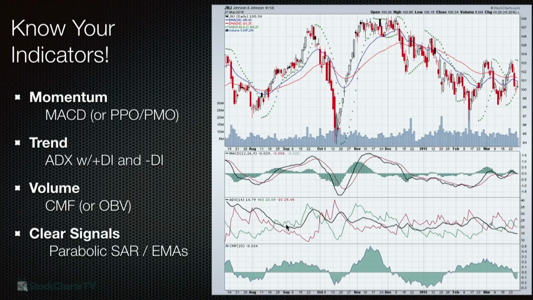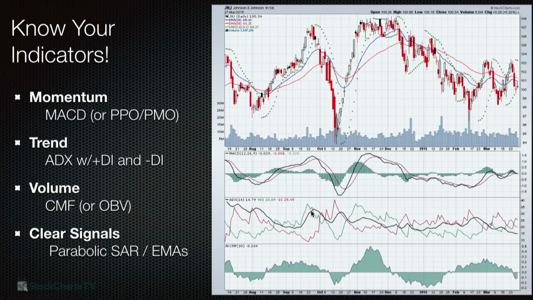The one below it is the ADX, and that shows trend. Obviously humans can spot trends just by looking at the chart, but for a computer, spotting trends is a little harder, and the ADX can help the scan engine really understand trends. When the black line is really high, it means the stock is trending strongly. And when the black line is low, it means the stock is kind of directionless.